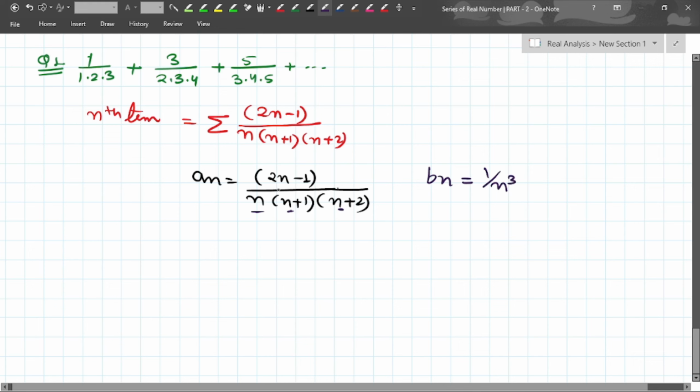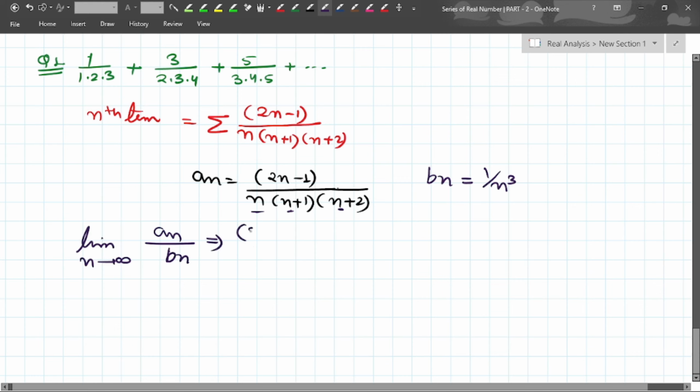Just remove the constants and multiply, that is n cube. Now we have an and bn. Take this an, divide by bn, and then take the limit of this as n tends to infinity.